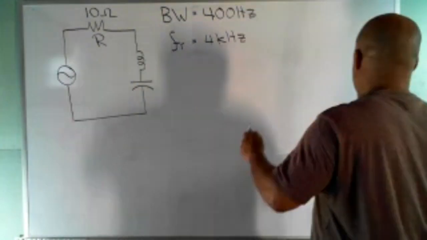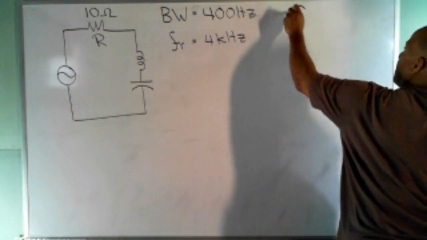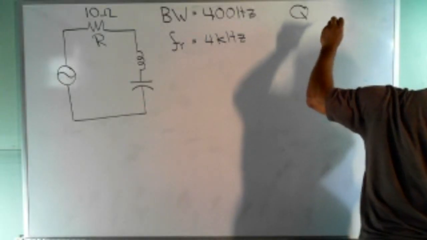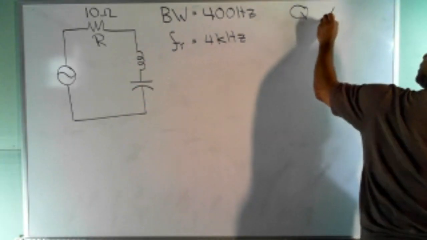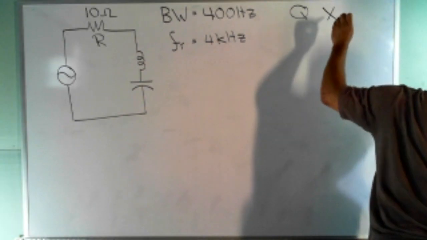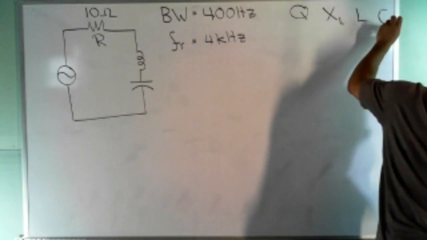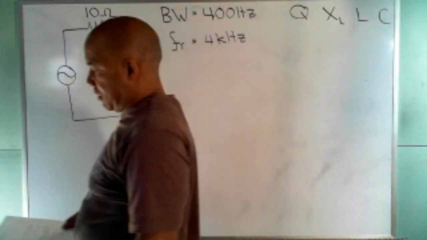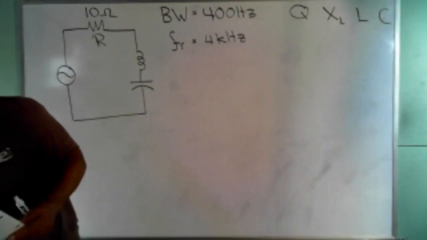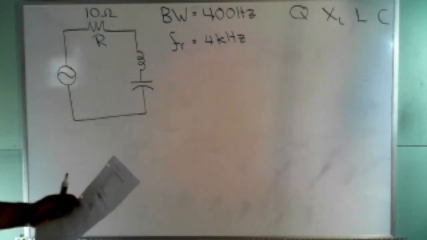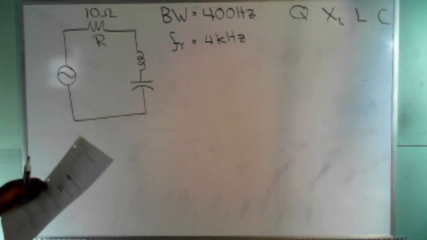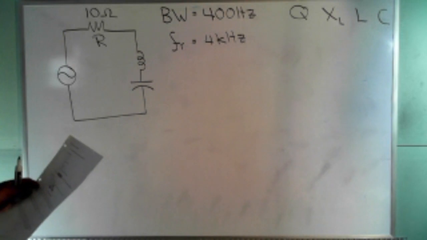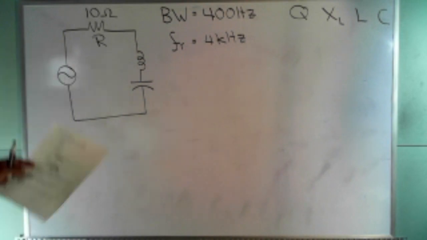We want to know Q. We want to know XL. We want to know L, and we want to know C, given the information shown. So bandwidth, 400 hertz, 4 kilohertz resonant frequency. We want to know Q, XL, L and C. They give us the value of R.